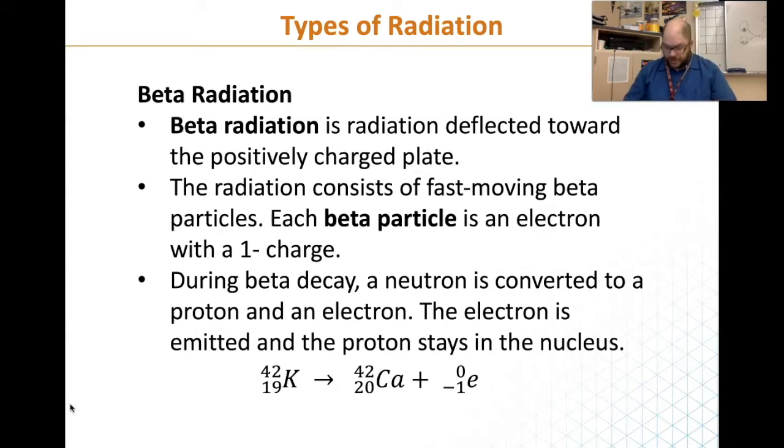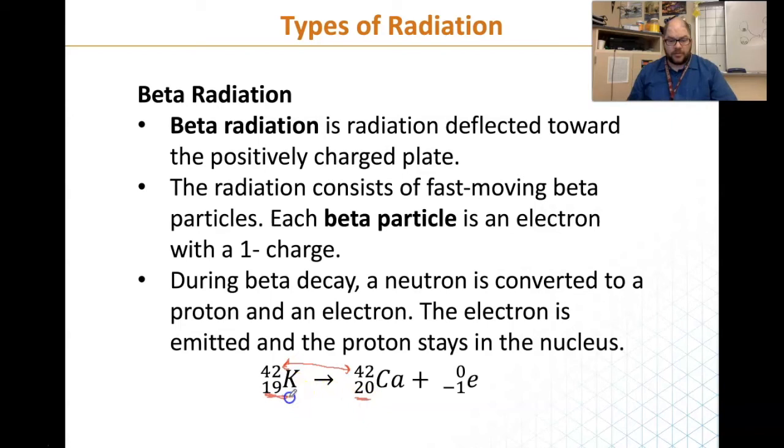So if we start with potassium 19 and a neutron from potassium turns into a proton, okay, protons and neutrons contribute to the mass number. Well, we're exchanging one neutron for one proton, so the mass number actually doesn't change. But the number of protons, or the atomic number, does change.